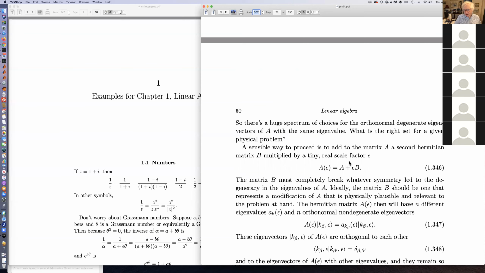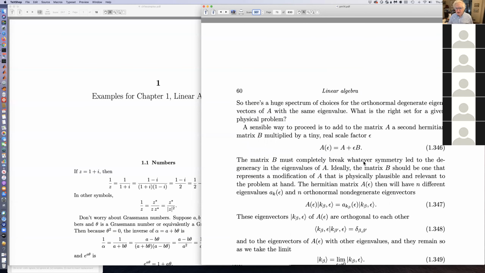Well, a sensible way to deal with that is to find another Hermitian matrix B and multiply it by epsilon.